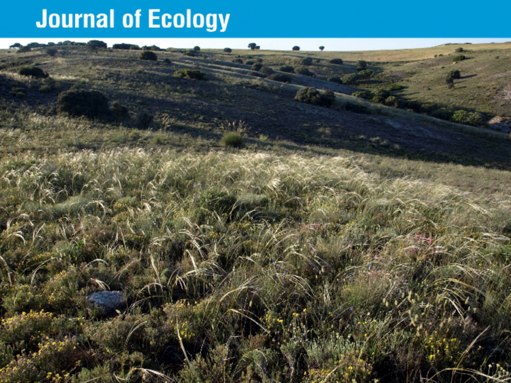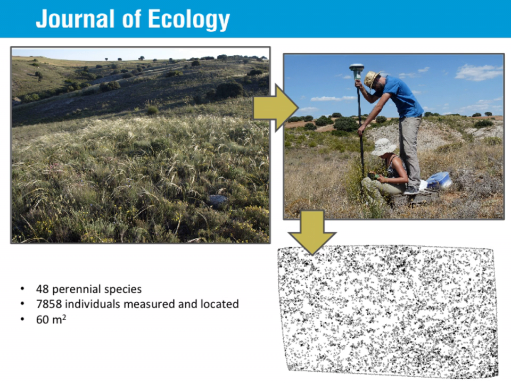So, we established a permanent plot in a very species-rich Mediterranean shrubland in Spain. In this plot, all the individuals of all the perennial species were located by their x and y coordinates. In total, we located about 8,000 individuals of 48 perennial species into a 60 meters square plot.